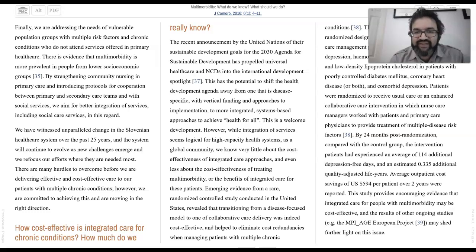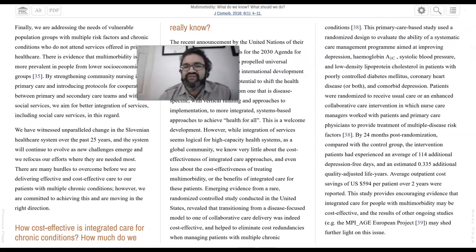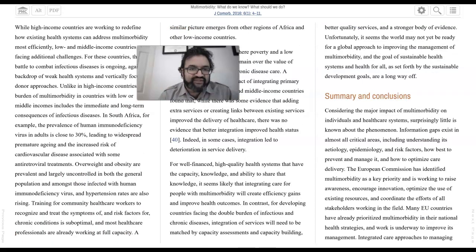So there were several interventions that were addressed and assessed to understand the different types of care and the effectiveness of the different types. While high-income countries are working to redefine how existing healthcare systems can address multimorbidity most efficiently, low and middle-income countries are facing additional challenges.